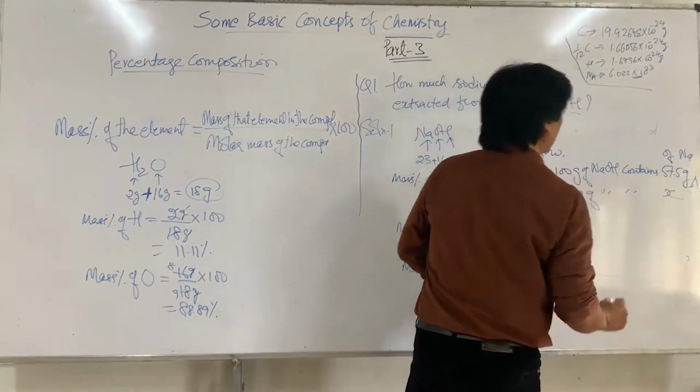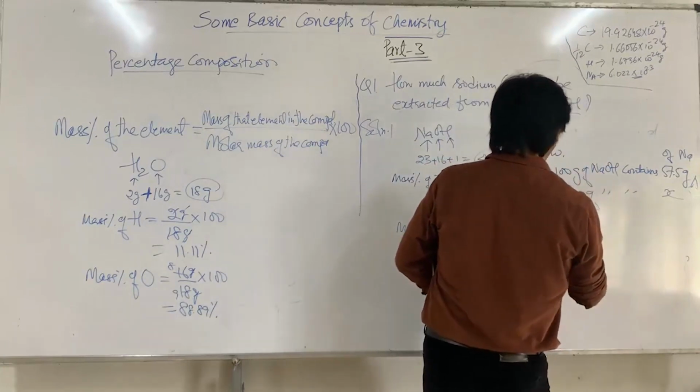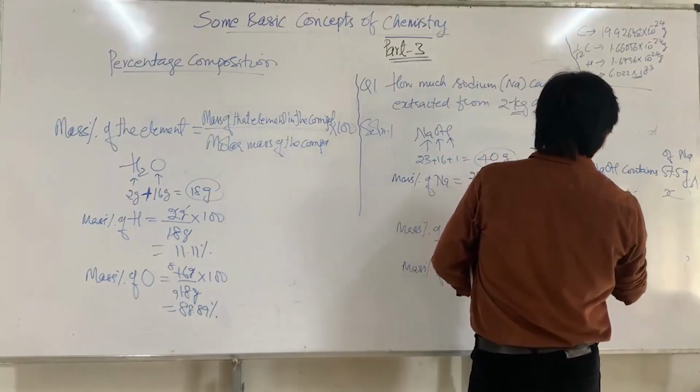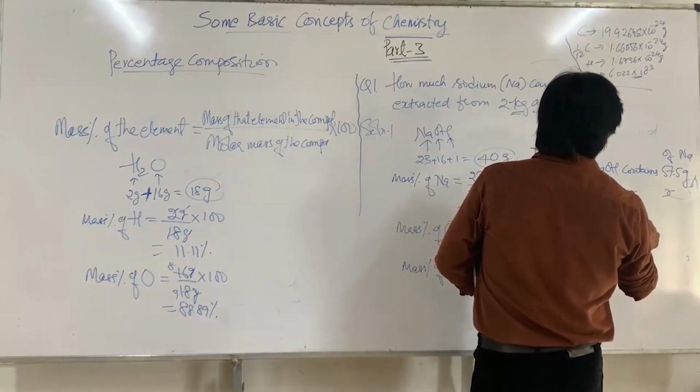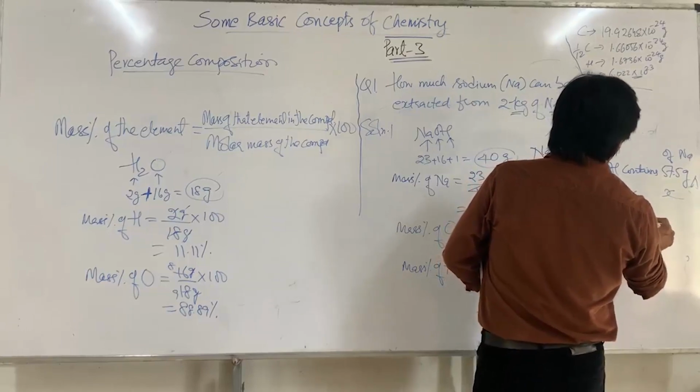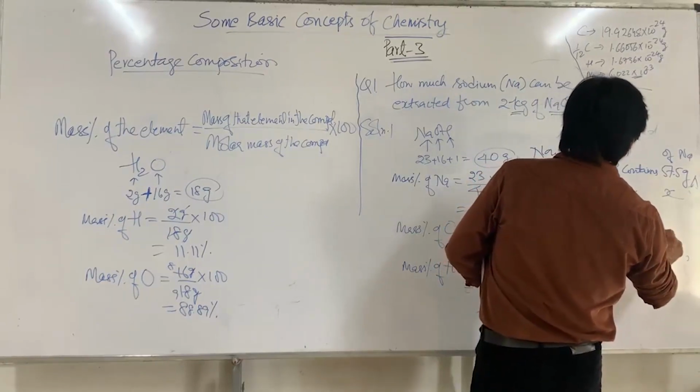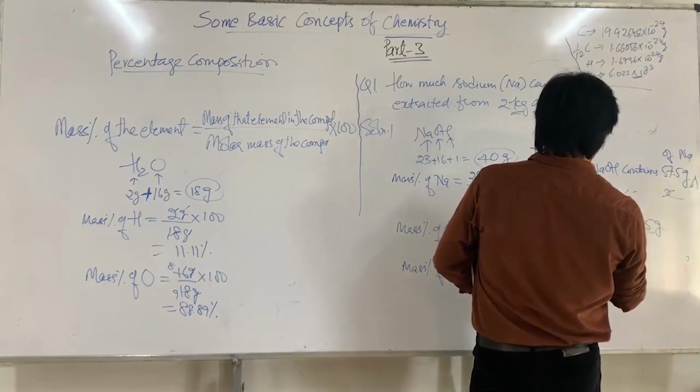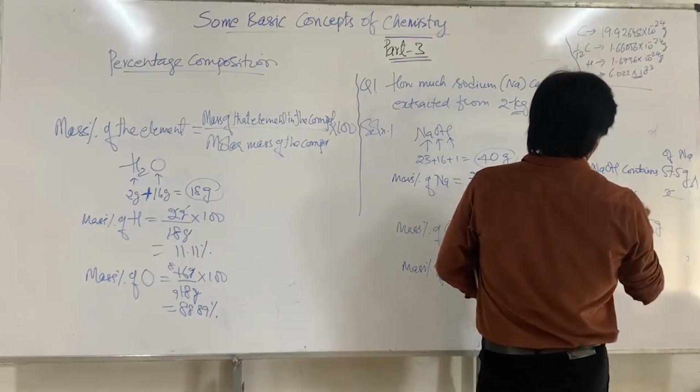Now 2 kilograms, that is 2000 grams of sodium hydroxide, contains, let's take it as x. Again the same thing, you cross multiply: x is equal to 2000 grams into 57.5 grams, the whole thing divided by 100 grams of sodium hydroxide.